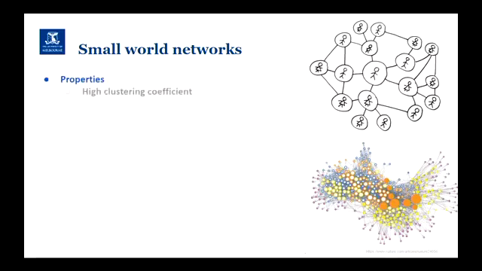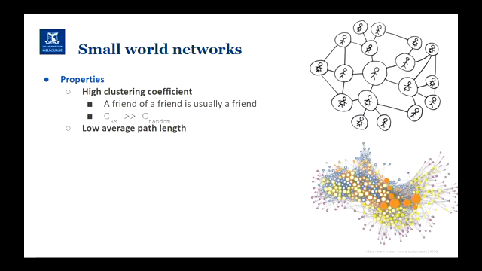So small world networks have these two properties. High clustering coefficients, considering that a friend of a friend is usually a friend, meaning the clustering coefficient of small world networks is considerably higher than random networks, and also low average path lengths.